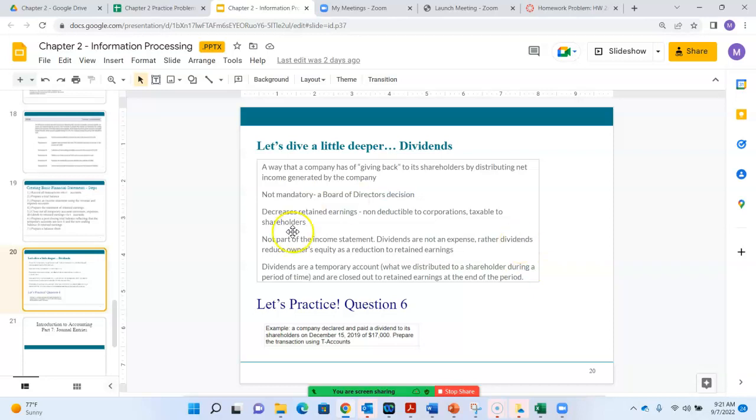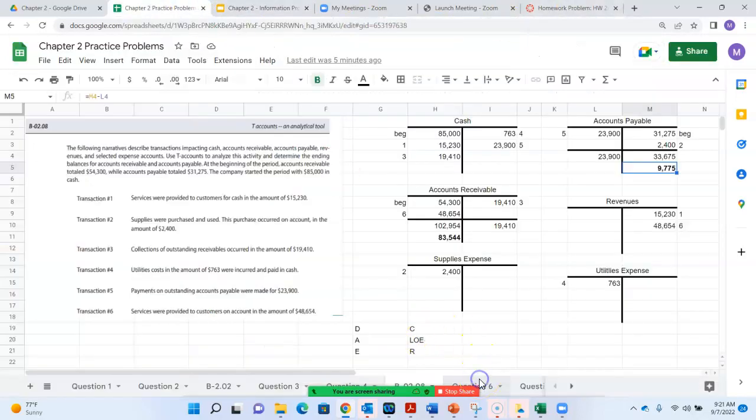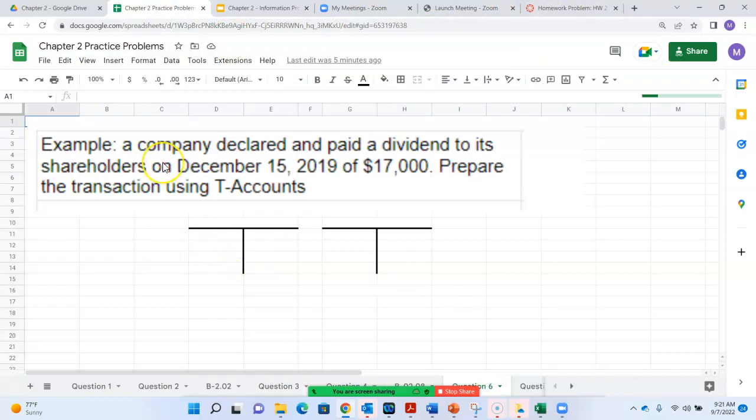But let's just examine how we would record, in T accounts, a dividend transaction. So let's go back up here and go to question 6. For example, a company declared and paid a dividend to its shareholders on December 15th, 2019 of $17,000. Prepare the transaction using T accounts.